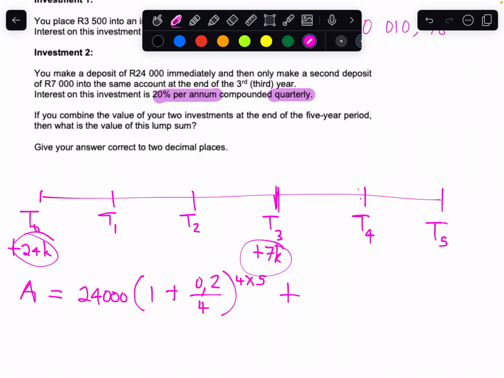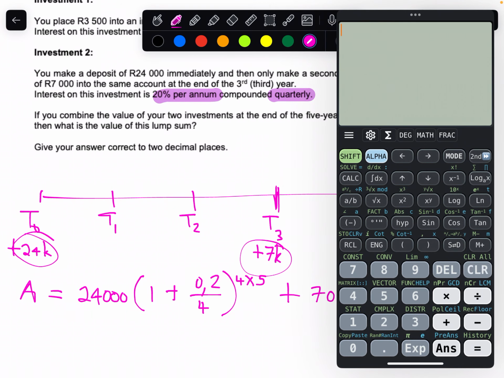And then the 7,000 Rand will also grow at this same interest rate, but now only for 2 years. So that'll be 2 times 4 quarters. This is also something that we can just put into our calci.